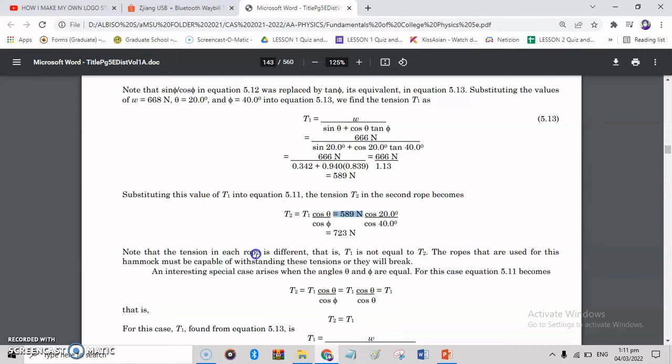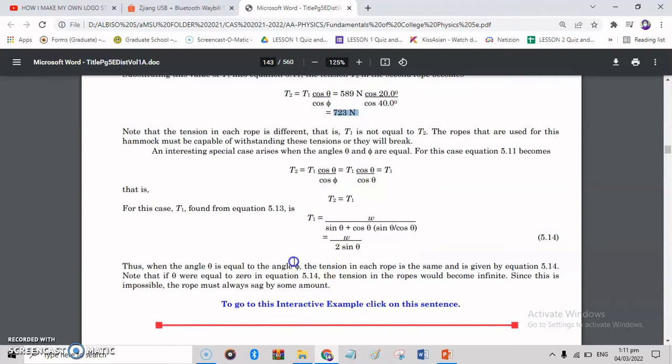Note that the tension in each rope is different. Bakit? Kasi magkaiba rin sila ng pagka-angle. Okay? 589 versus 723. The ropes that are used for this hammock must be capable of withstanding this tension or they will break.